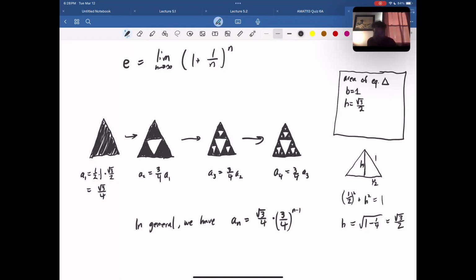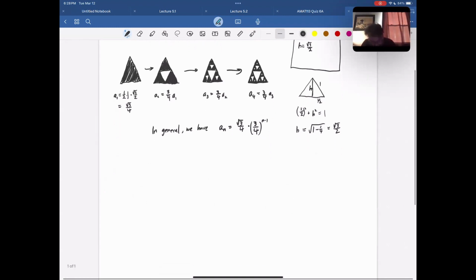Right? Because for A1 in this case, there is no 3/4. So you could say that it's 3/4 to the 0. And then likewise, A2 is going to have 3/4 to the 1, and so on.